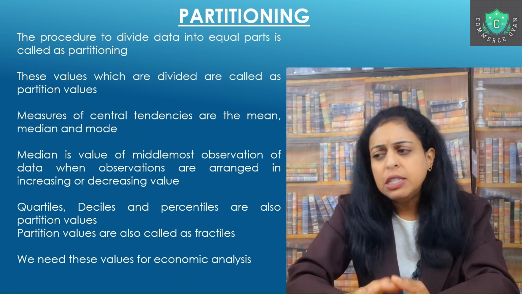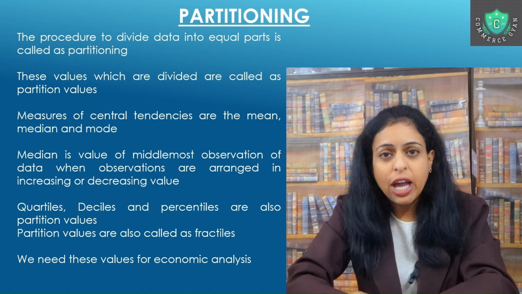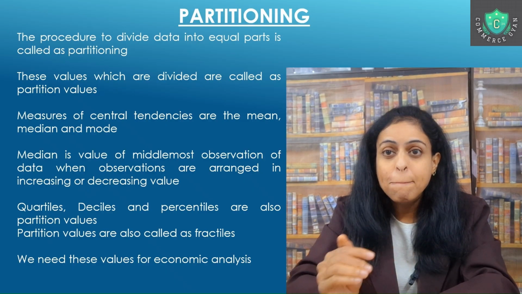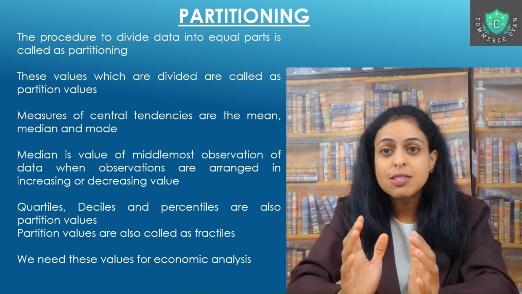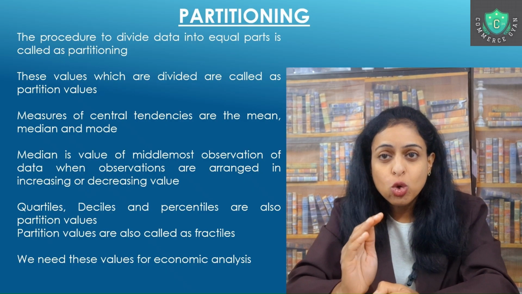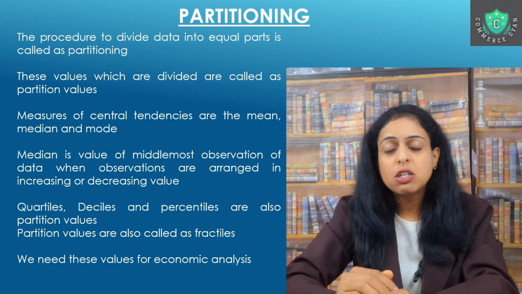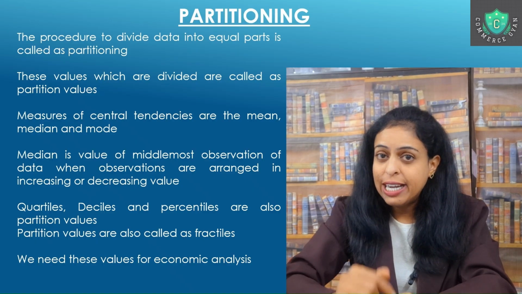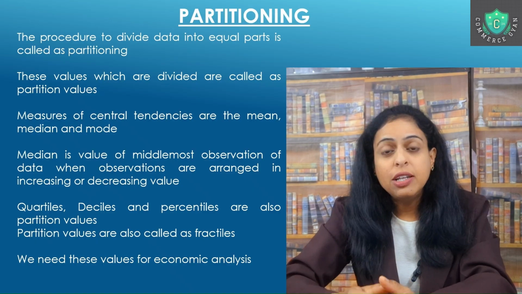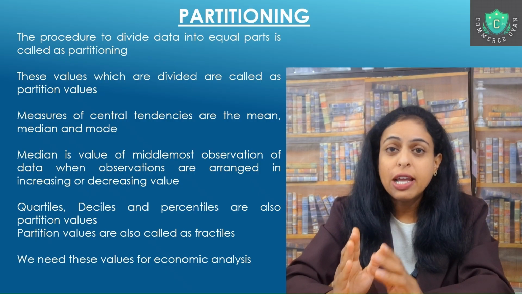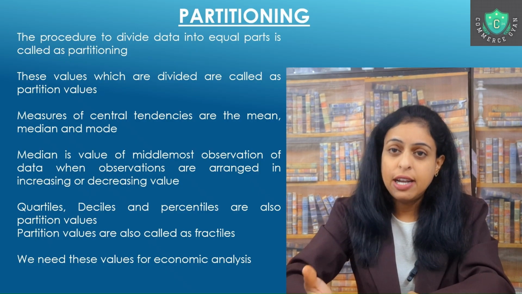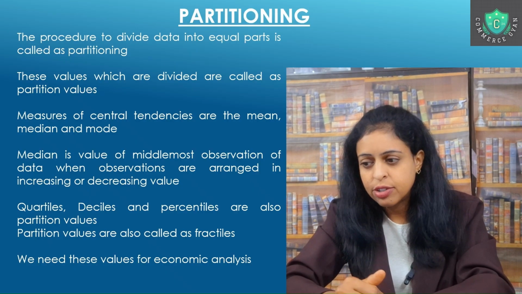Now, when we say median, median is an important measure which says this is the middle, this is the center, the division of the entire values into two parts. It's the middlemost value of the entire data set, when we arrange the data either in ascending or descending order.